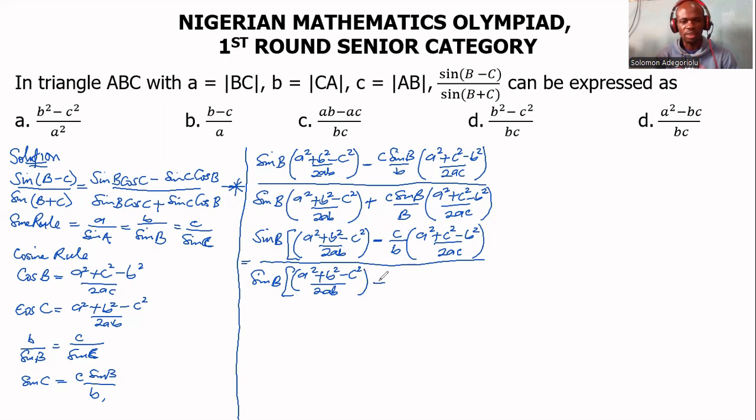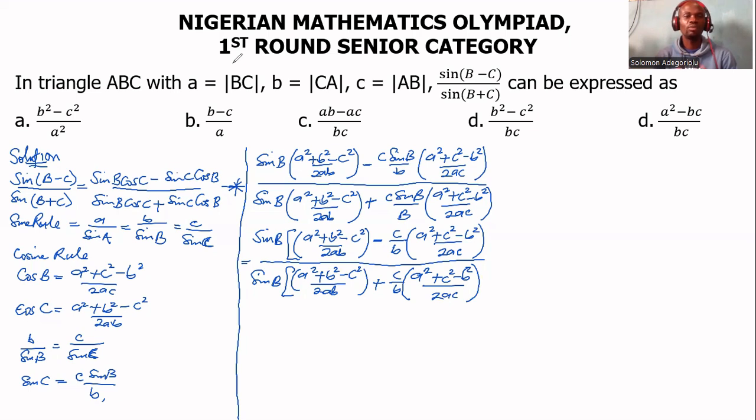Then we have plus here. Then also, we've taken sine B out, so this one still remains as C over B. And we have an opening bracket. This is A squared plus C squared minus B squared over 2AC. Close the bracket. All right.